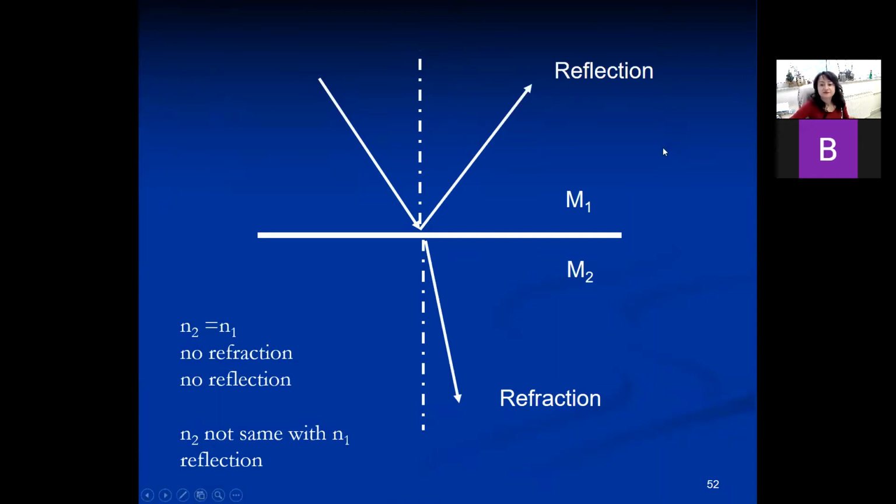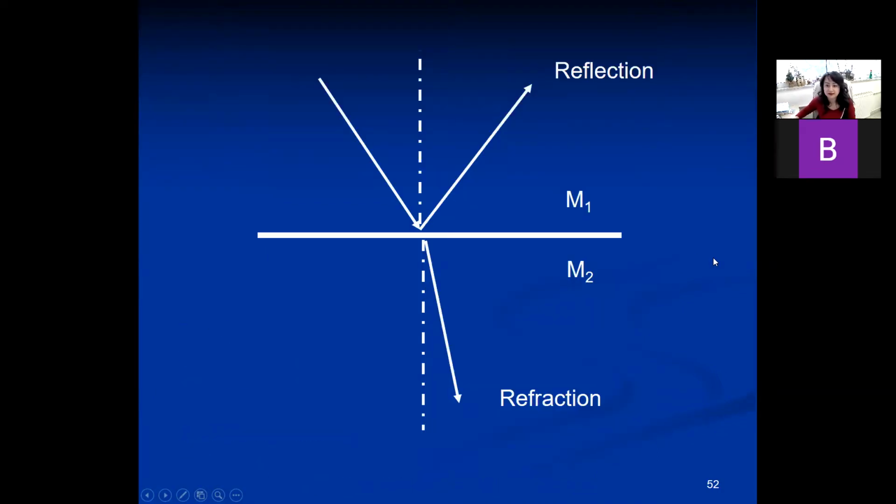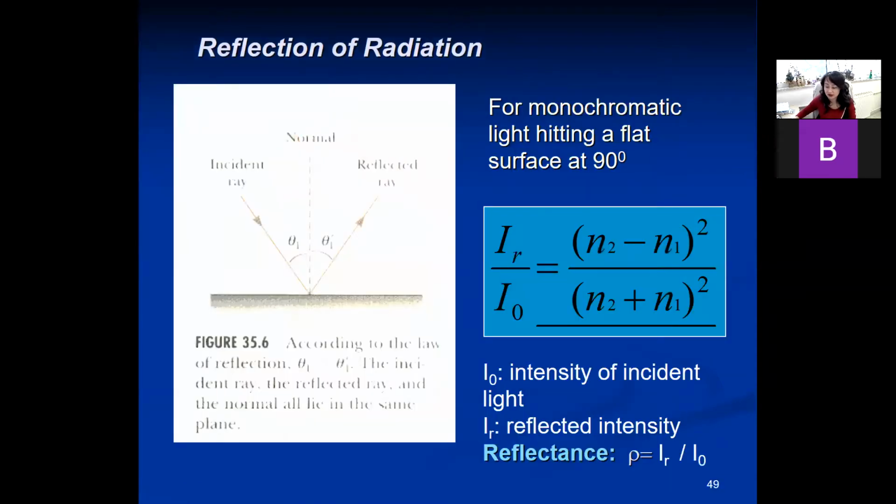Here you can see that there are some reflectance values. What was the reflectance? Please remember the formula. The reflectance value is abbreviated with the rho symbol. This rho is equal to IR divided by I0.